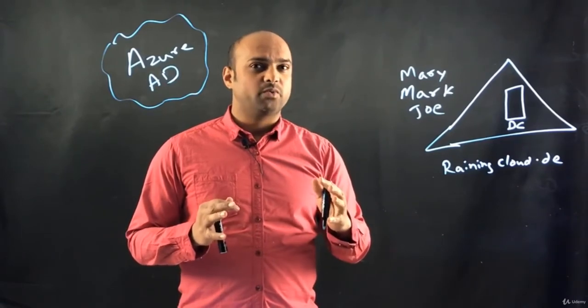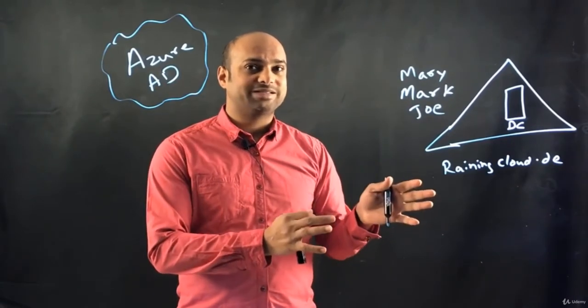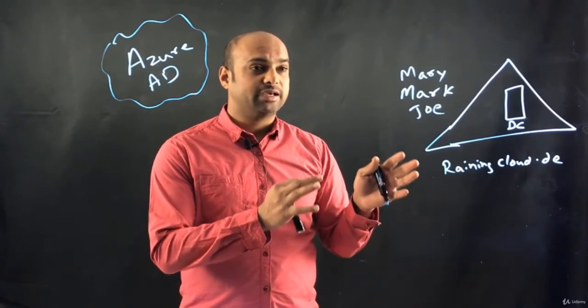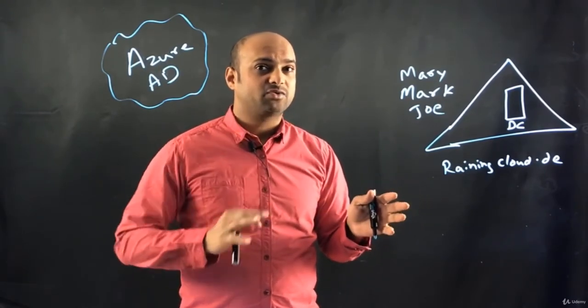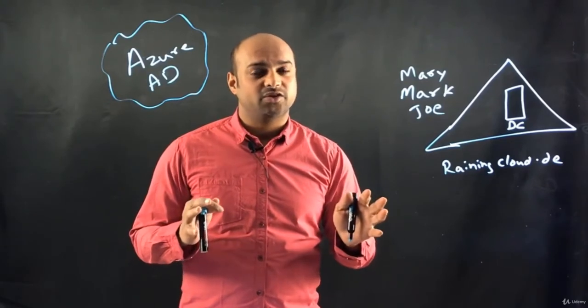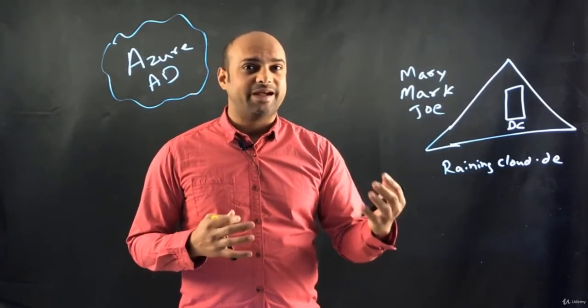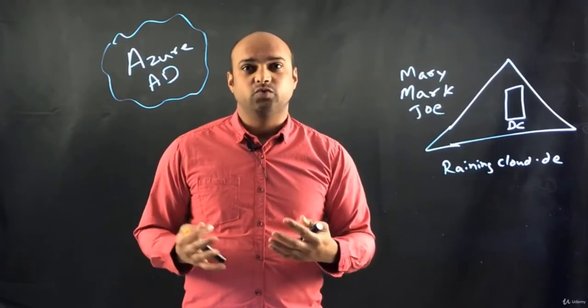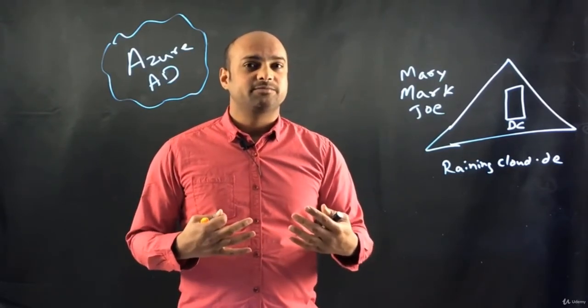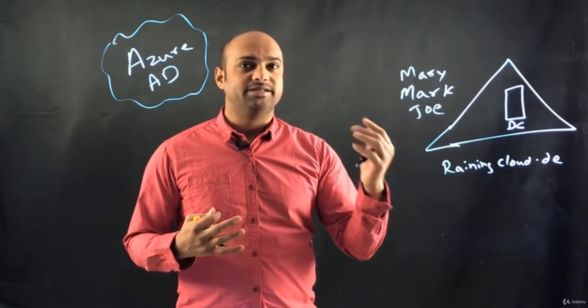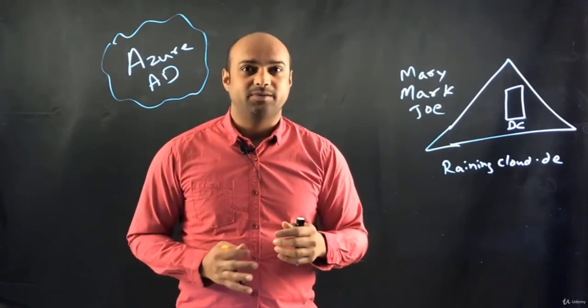Gone are the days when we used to think that on-premise is secure. Everything inside your boundaries is secure and everything outside the boundary, which is on the internet, is not secure. Well, we are now moving on to an advanced world with an advanced set of tools as well that gives us further insight into the transactions that happen between the identities and the SaaS-based applications.